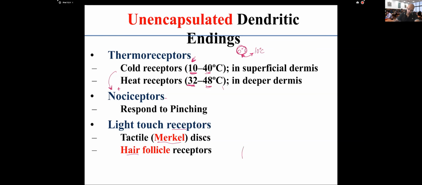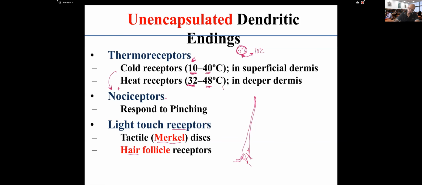If you remember, hair follicle receptors were the free nerve endings surrounding the hair follicle in the skin. And the hair was helping you have better touch sensation.